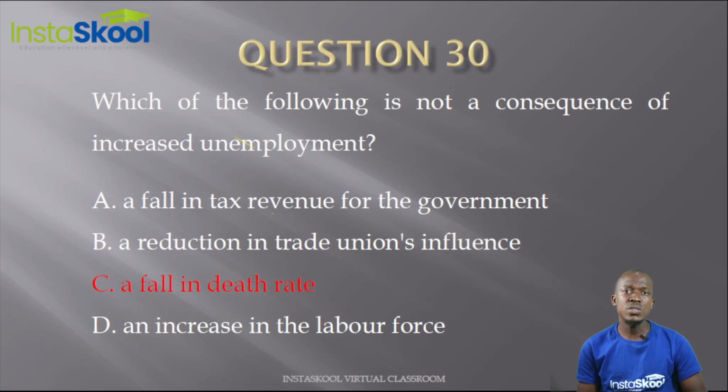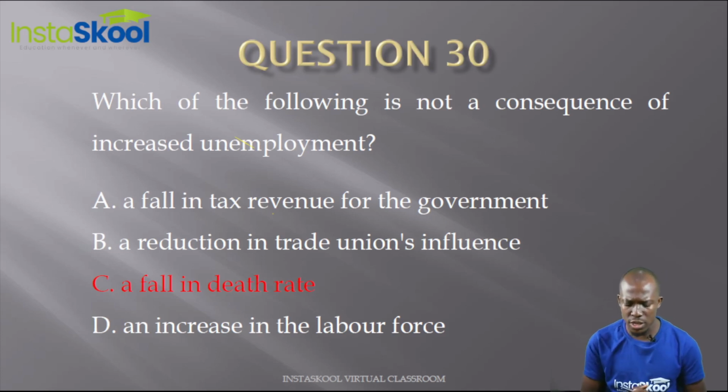Trade unions is a voluntary association of people with similar interests in order to achieve collective bargaining. So if there are not many people who are employed, they won't have that collective strength.